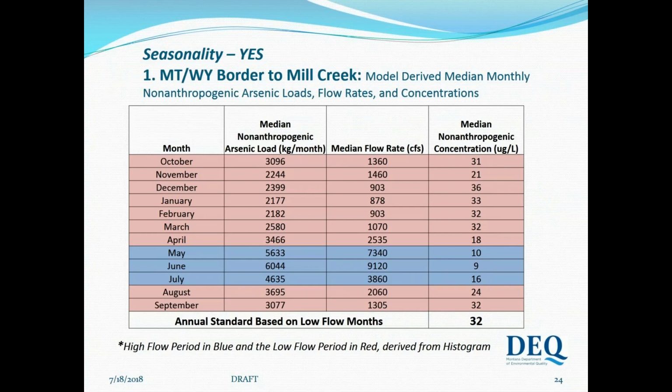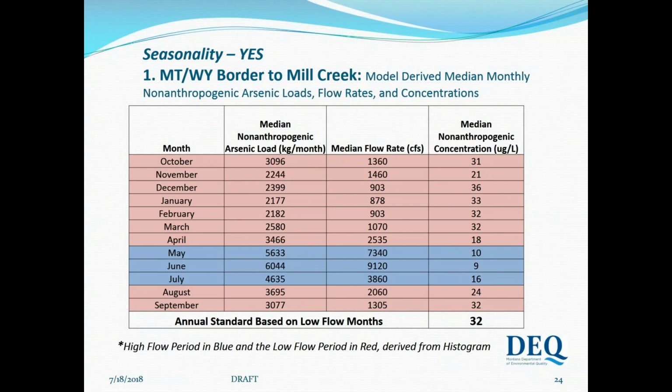Okay, and this is what it looks like. This is the first segment, and these are the median non-anthropogenic concentrations for each month out of the year. Those in red are the low flow months, and those in blue are the high flow months. And we're only going to take the median of the red months, or the 9 months that are the low flow months.